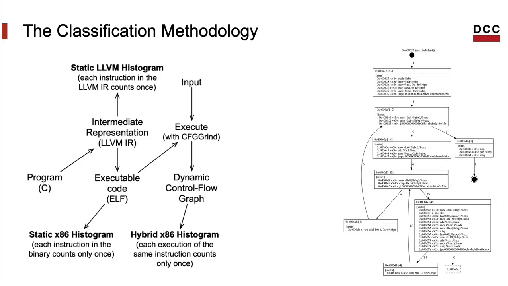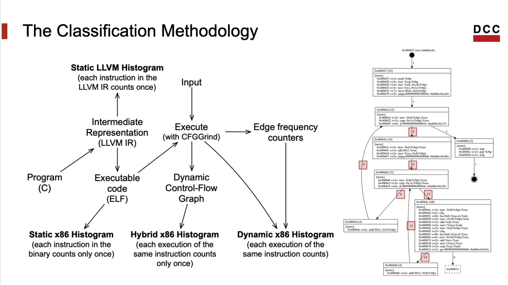If we give the classifier a view of the dynamic CFG of the program, then we have a hybrid classifier. It sees a kind of slice of the program that actually runs. And if we let the classifier count how often each instruction runs, then we have a purely dynamic classifier.